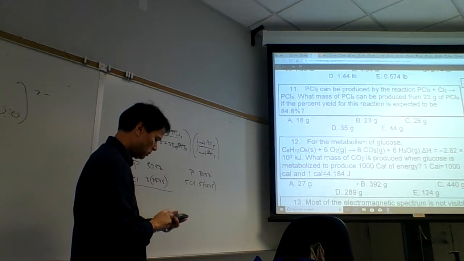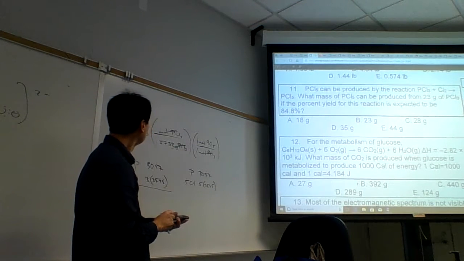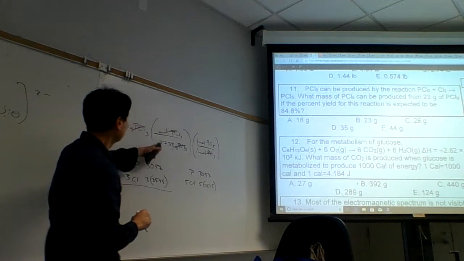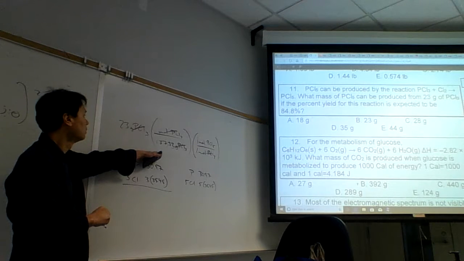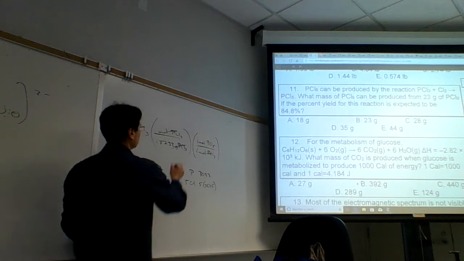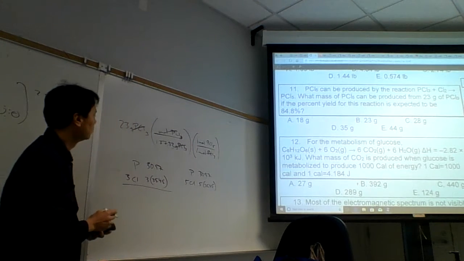On the first one, shouldn't that be 1 mole of PCl3 for every 137.32 grams? What is the numerator say? A mole of PCl3. Yeah, it's supposed to be PCl3.